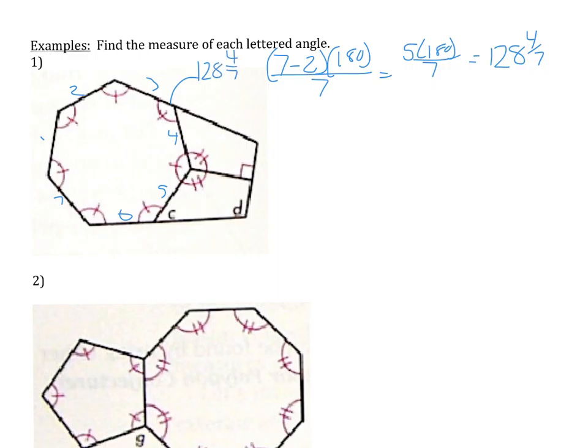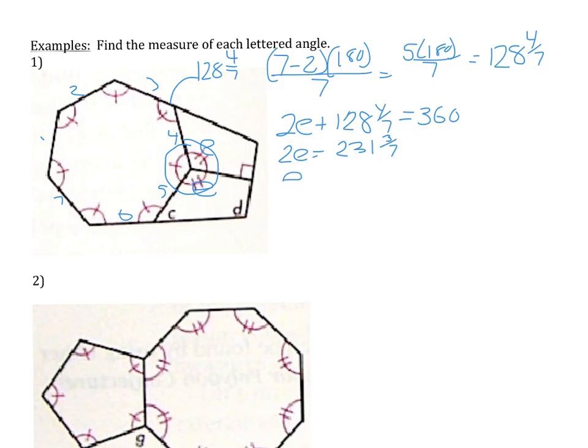Now, in this middle here, these three angles are going to add up to 360. And I'm going to name this one E. And that would also be E. So 2E plus 128 and 4/7 would equal 360. 2E would equal 360 minus 128 and 4/7, which is 231 and 3/7.